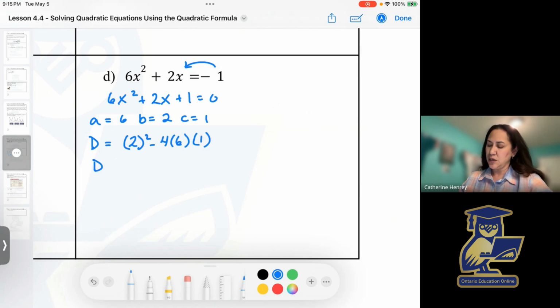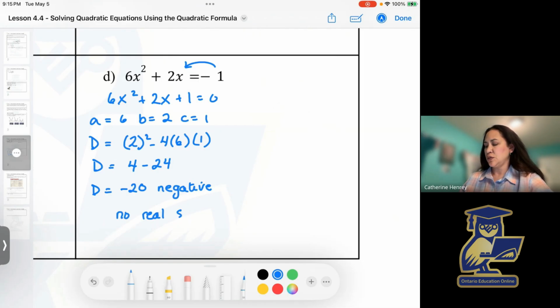So the discriminant here is 4 minus 24. And the discriminant here ends up being -20. So again, since it's negative, this quadratic equation has no real solutions.